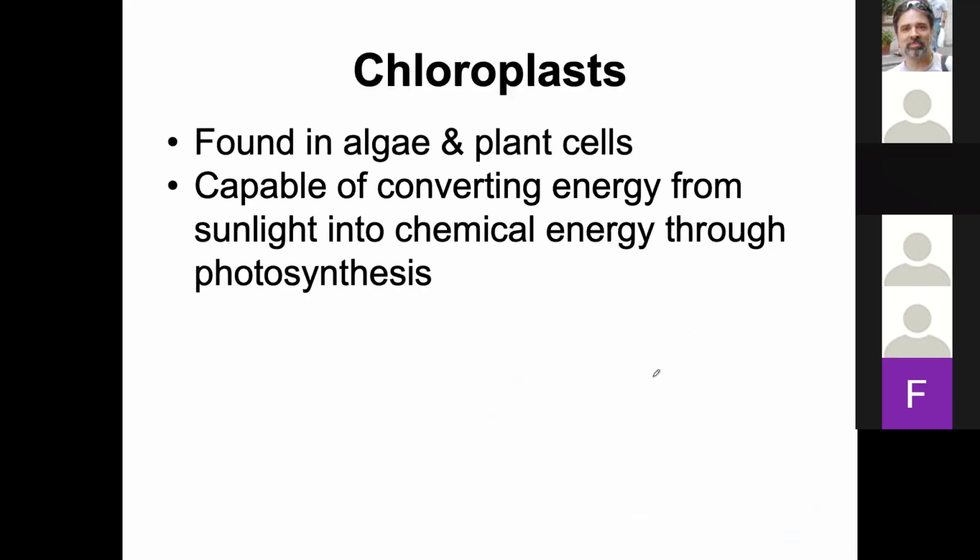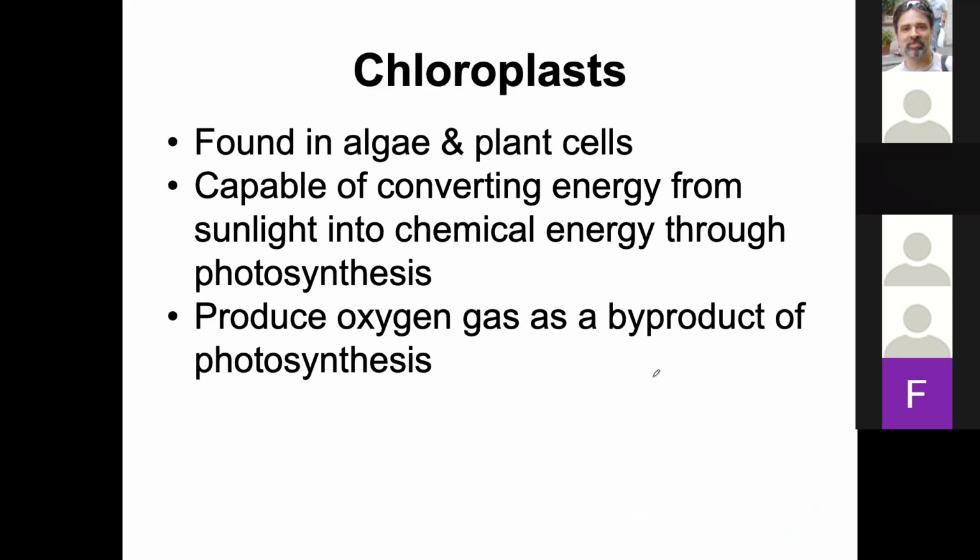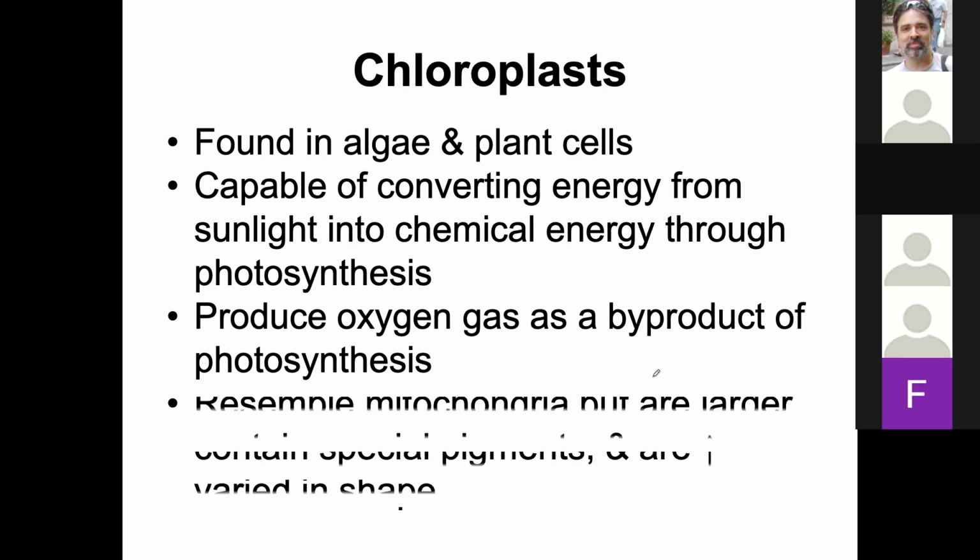The chloroplasts are found in anything that does photosynthesis, algae and plant cells. Okay. They can convert energy from sunlight into sugars, and then those sugars can be oxidized, and that provides ATP for the cell. Okay. One of the byproducts of photosynthesis is oxygen, which is a critical component of respiration, right?